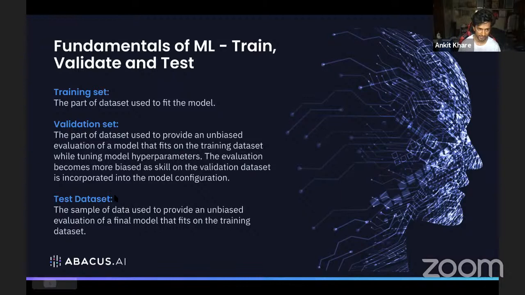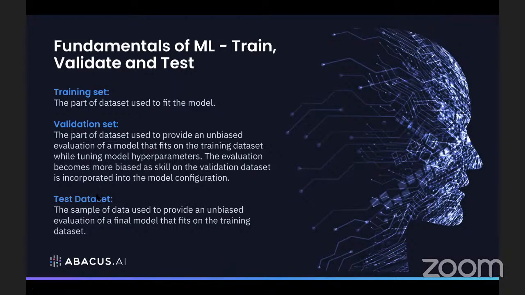So that's why we take this test data set. We never show this data set to the model until the model is fully trained. So the model at the time of training has never even seen this data. So whatever predictions we get act as a reliable way to evaluate that model.